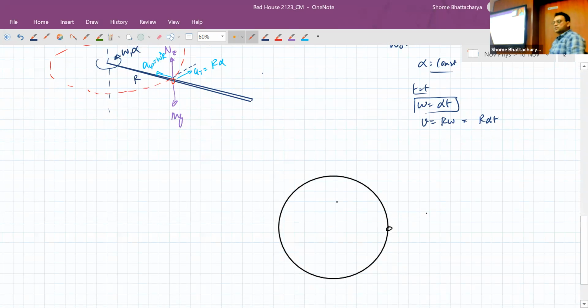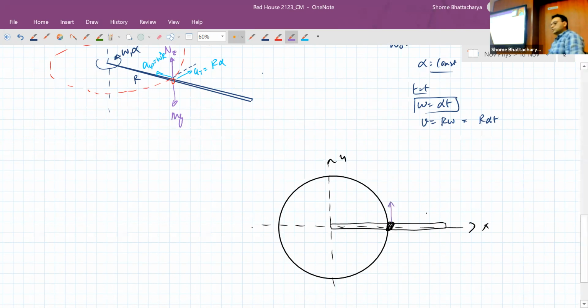But I will see the ring over here, this is my xy plane, and the rod is somewhere here at this moment. So the ring is over here on the rod. The rod is applying a tangential component of normal reaction, and that is what is providing the tangential acceleration. And plus something has to provide the centripetal acceleration. So that something has to be what? It has to be static friction.